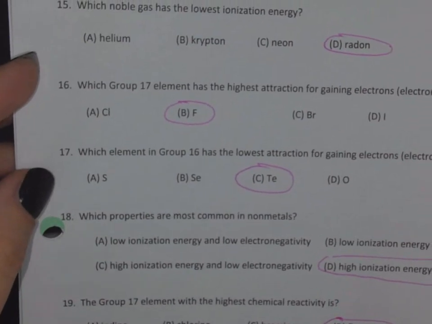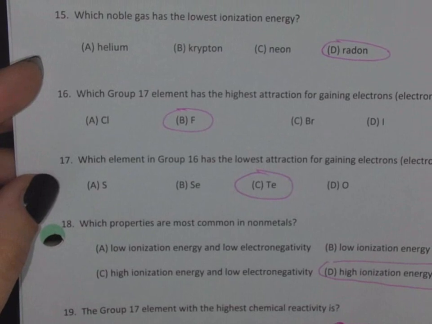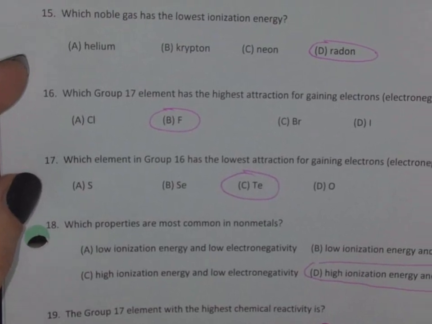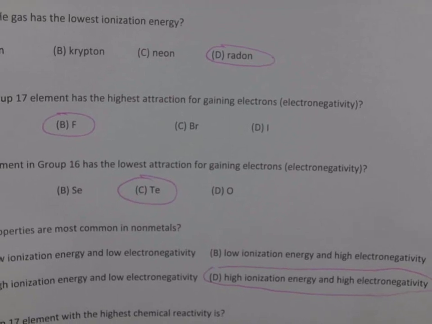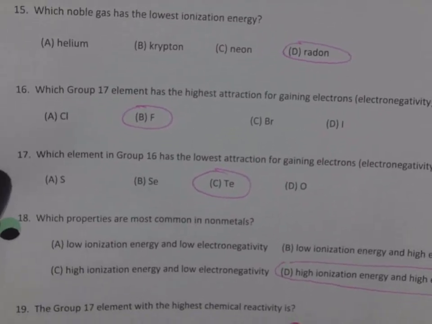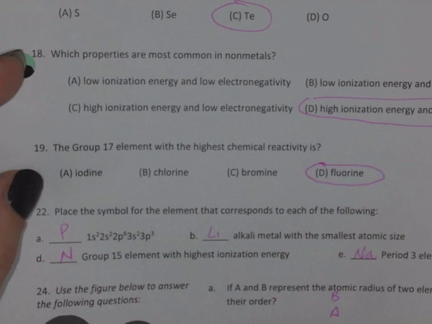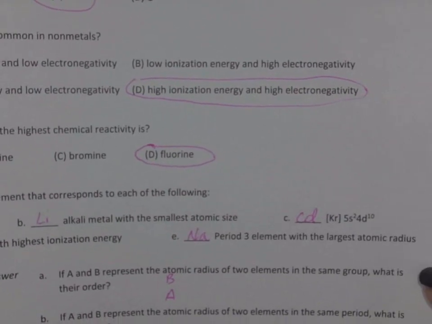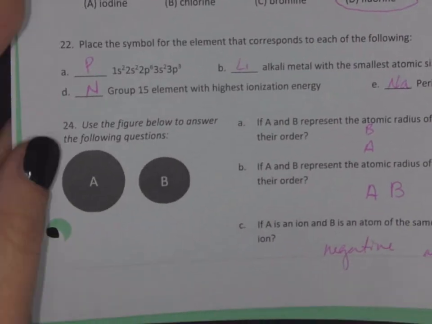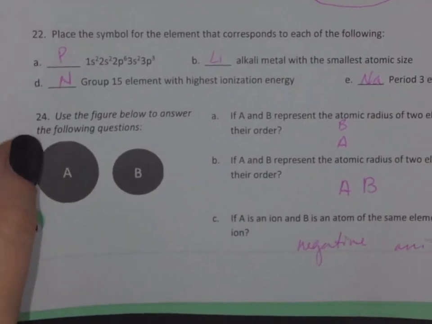You would also need to know which energy level the valence electrons are in. And that's just the period number. Like calcium has 2 valence electrons because it's in group 2, and those 2 valence electrons are in the 4th energy level because it's in period 4. Okay? And you need to know all those trends.